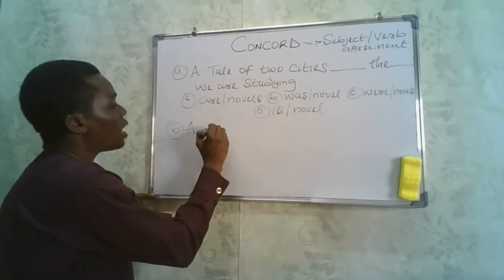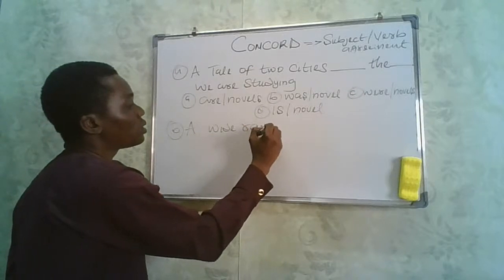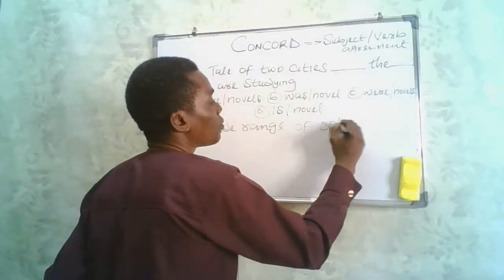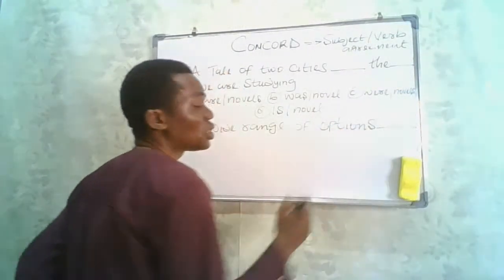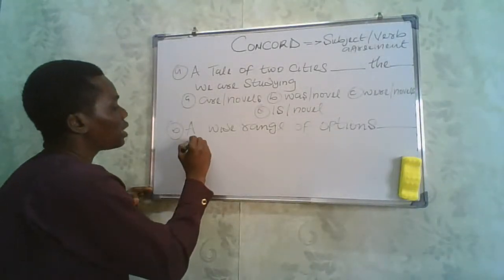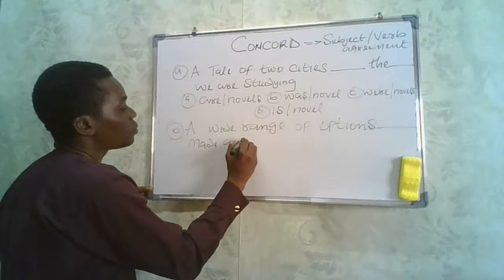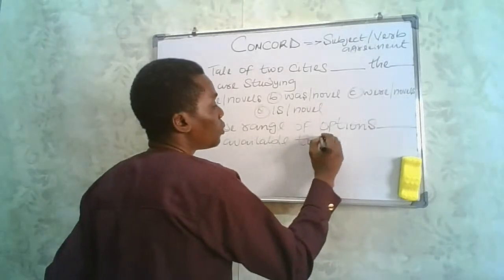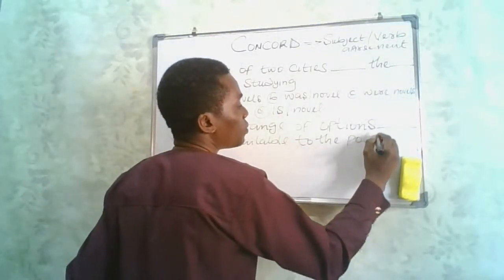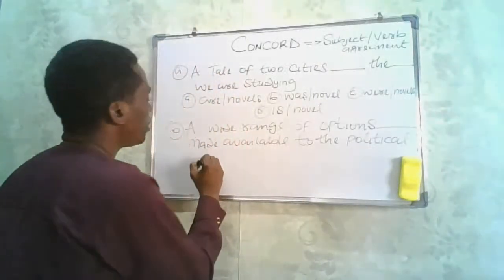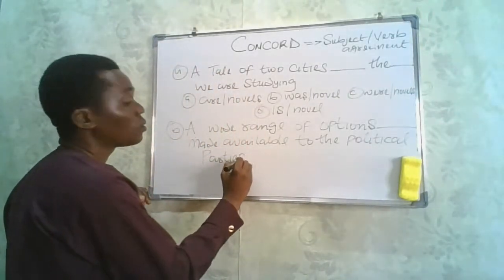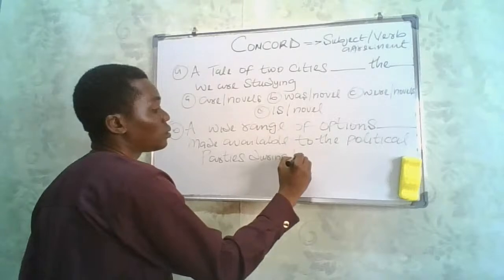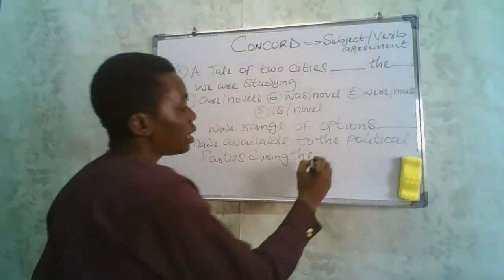Now, question B says: "A wide range of options made available to the political parties during the concluded election."